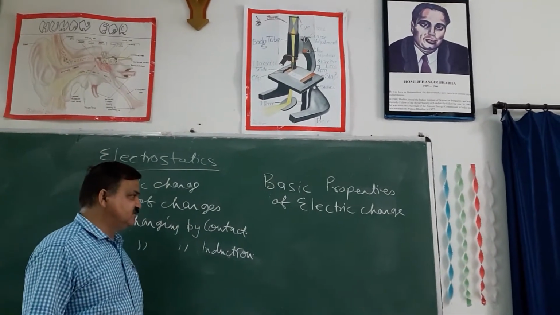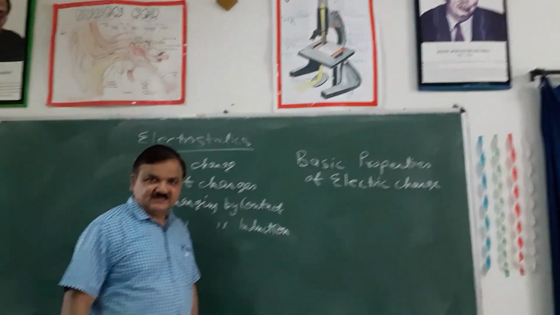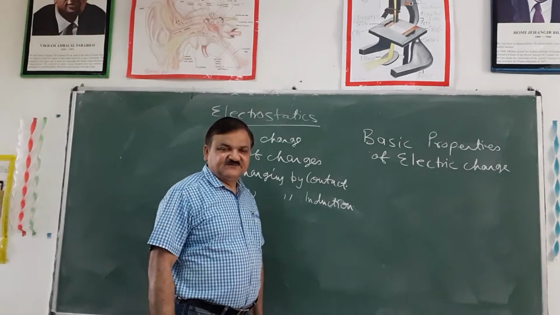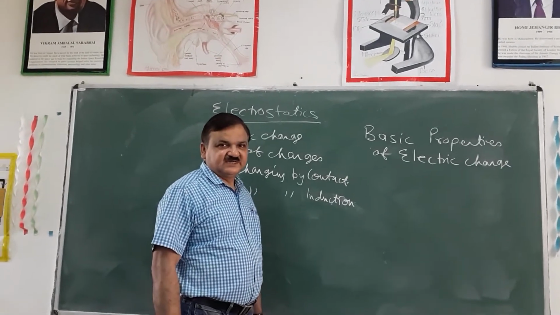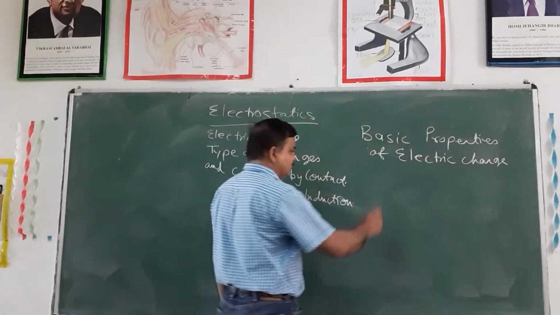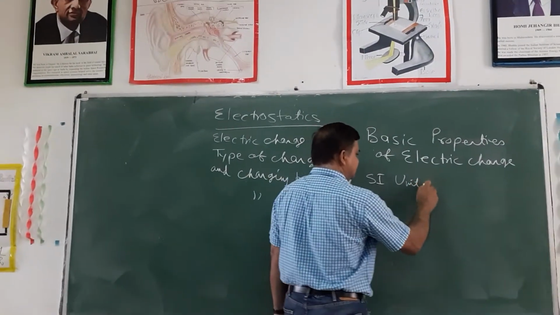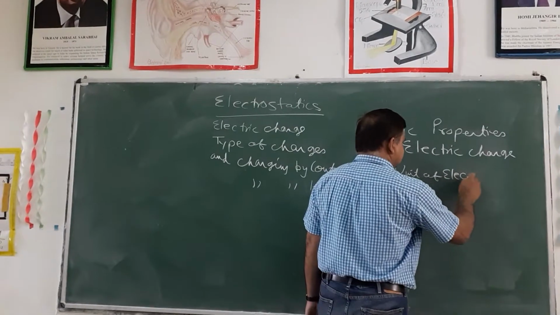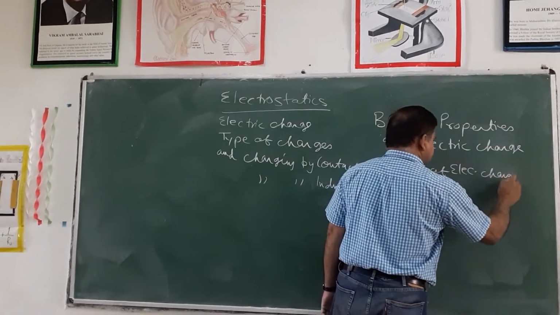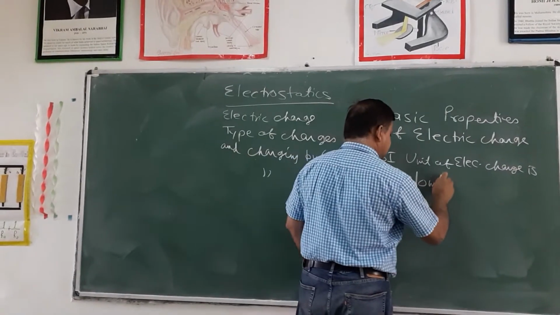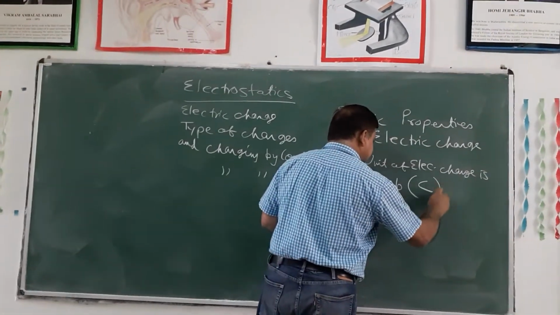One point also we want to tell: electric charge is a physical quantity whose SI unit is coulomb. SI unit of electric charge is coulomb. Symbol C.